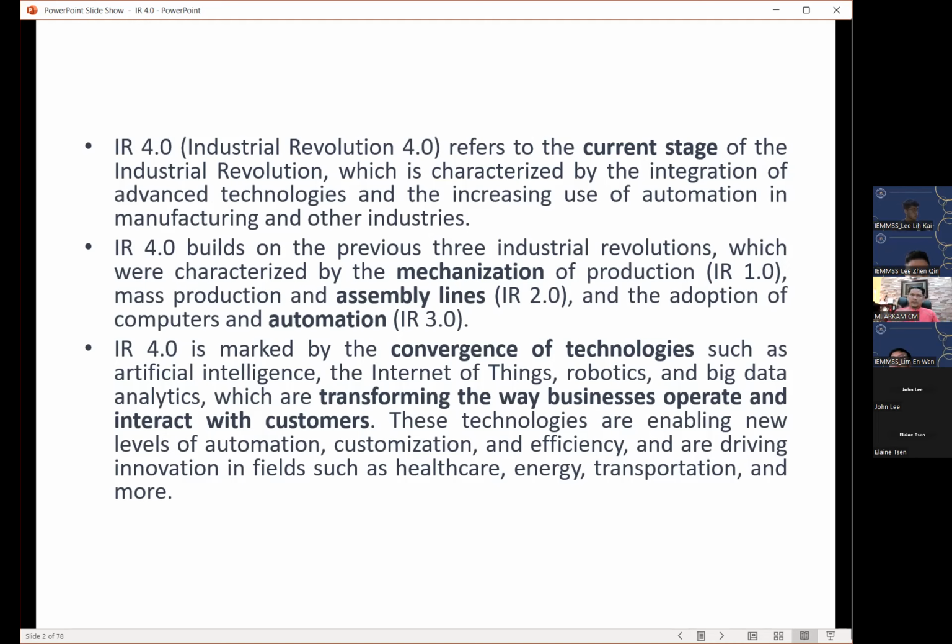At my time, about 20 years back, I could not see all this because our focus was more on IR 3.0 at that time, automation and computers. But when we entered IR 4.0, in the last 5 to 10 years, now we can see how it has changed our industrial landscape.